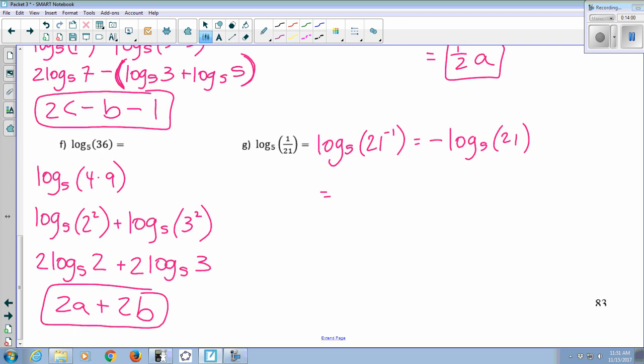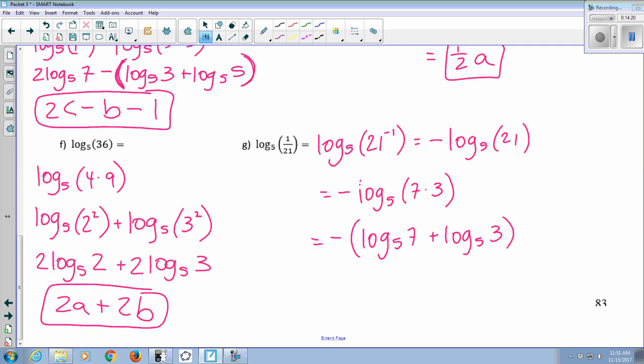Then rewrite 21 as 7 times 3, negative log base 5 of 7 times 3. Make sure you put parentheses because I'm going to replace log base 5 of 7 times 3 with a sum. Log base 5 of 7 plus log base 5 of 3. So this is negative C plus B, or negative C minus B.